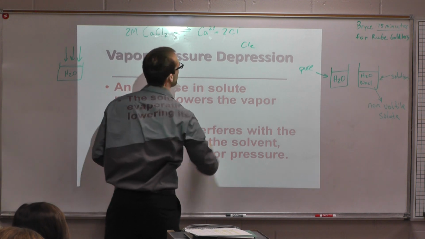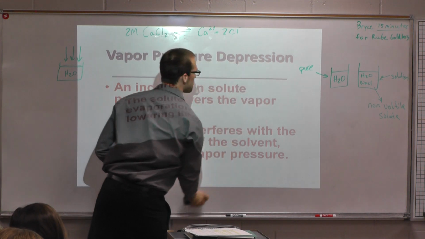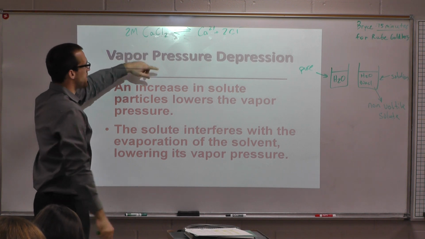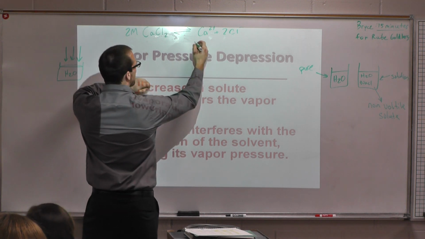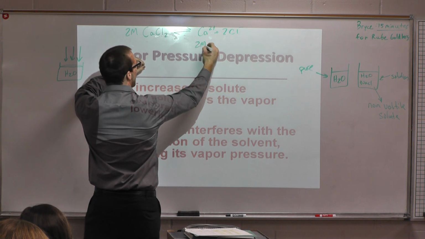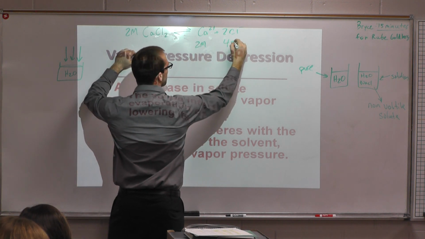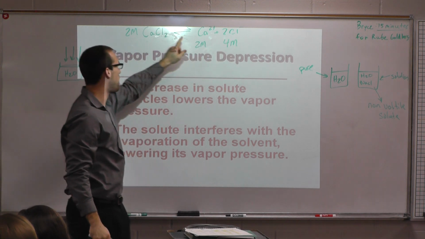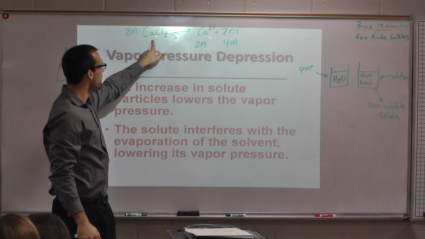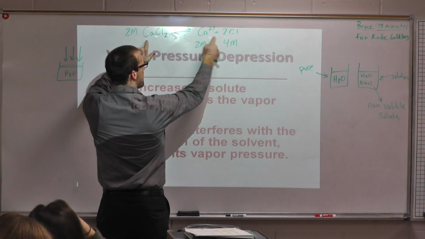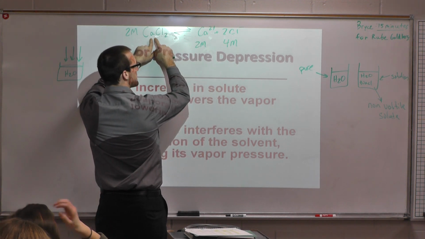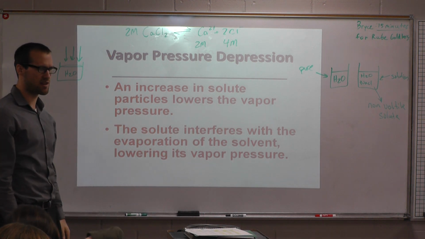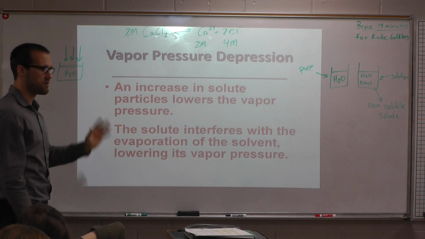So the point I'm trying to make here is if I have 2 molar of this, because of the 1-to-1 ratio, I really have 2 molar of that and 4 molar of this, because this breaks up into twice as many particles as I had here. With the 1-to-2 ratio, this is the same amount of particles as this, so they have the same concentration. That's going to be important for later, so I just wanted to quickly show you that.